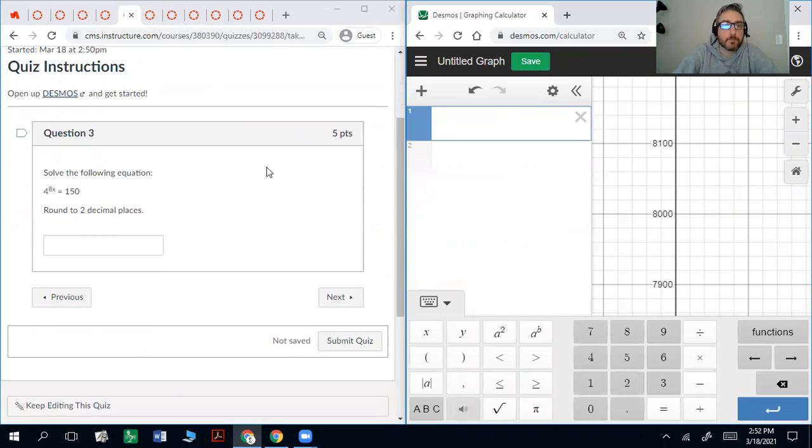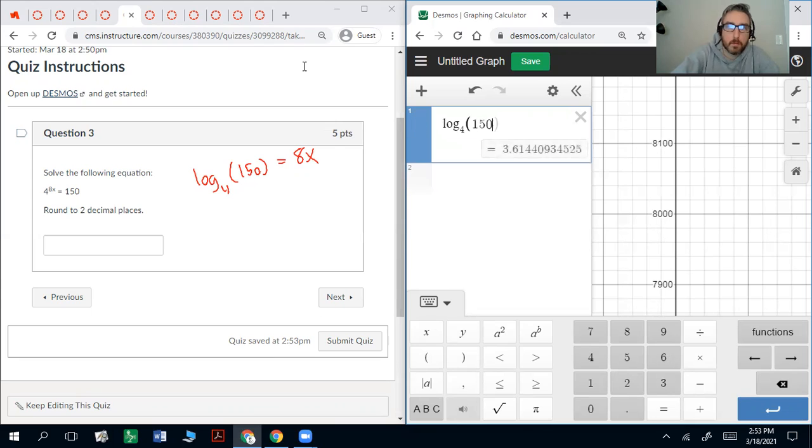Question 3 is very similar to question 2. So let's set it up. You would say log base 4 of 150 equals 8x. That's 3.6144.